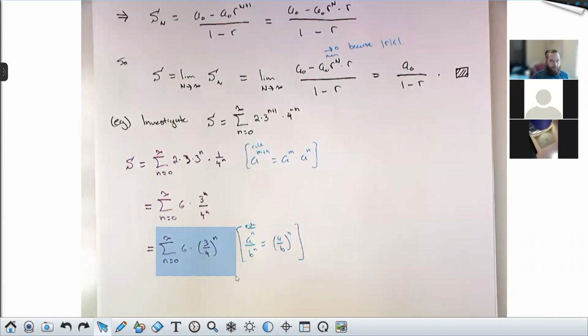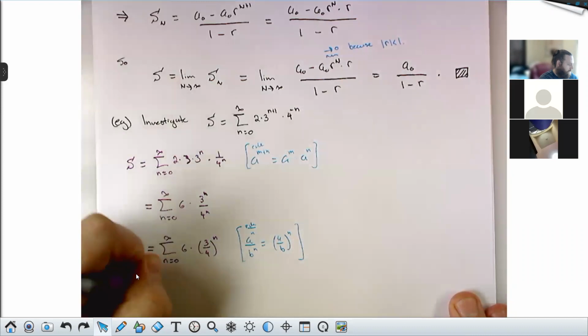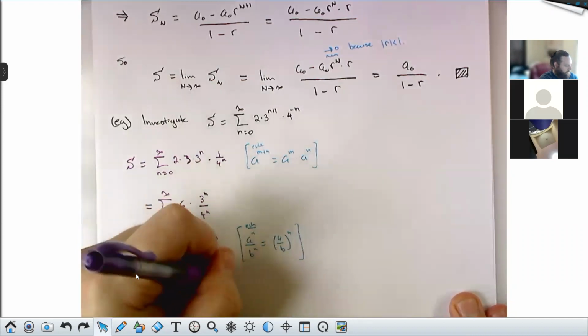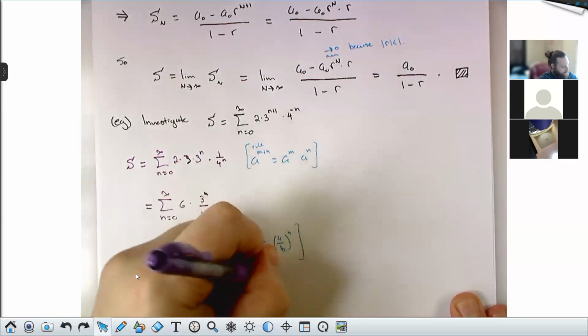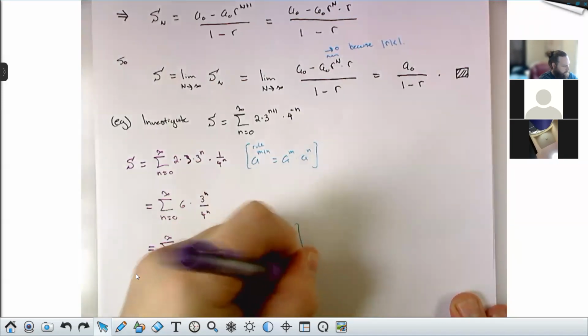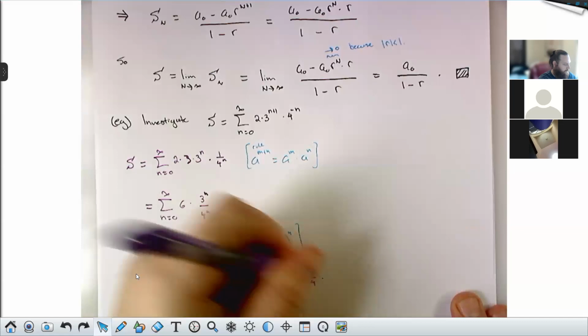Well, now this is definitely a geometric series, right? This is sigma, some constant times some other constant to the n. That's the definition of a geometric series. So this is a geometric series with r equal to 3/4.